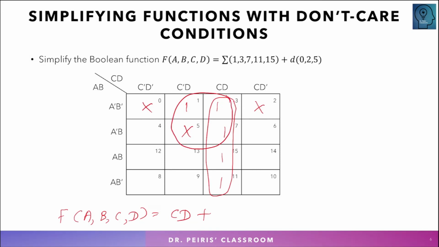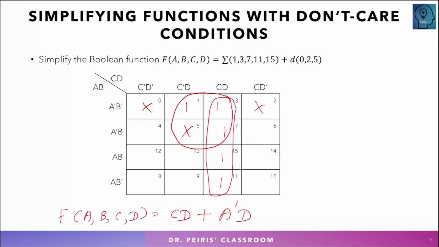You can do that one also, because it also gives 4 minterms inside that group. We had 4 minterms using the row, and this one also has 4 minterms, so you can do that way also, because it gives the same number of literals. Now for this group, what is common in this row and this row is A prime, and for the 2 columns D is common. It's going to be A prime D.